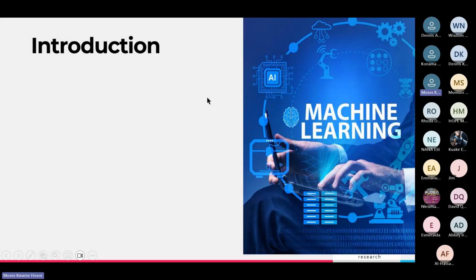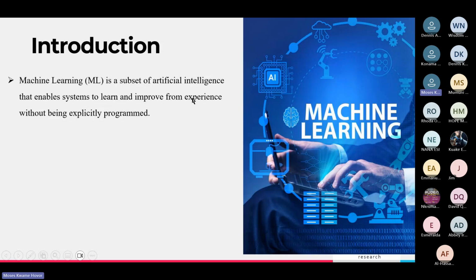All right, so we're going to start with the introduction to machine learning. What is machine learning? Machine learning is a subset of artificial intelligence, what we usually say AI, that enables systems to learn and improve from experience without being explicitly programmed. What I mean is that instead of us writing fixed rules, we provide data and algorithms, and the system discovers patterns and relationships on its own.